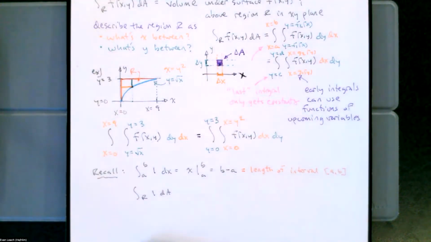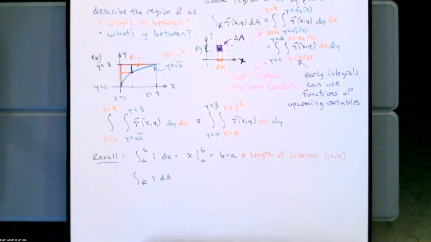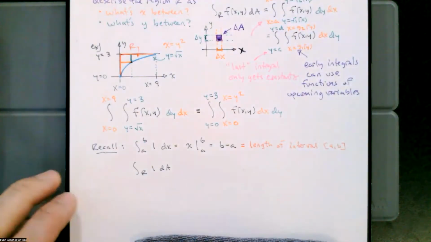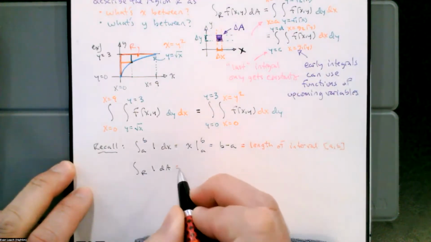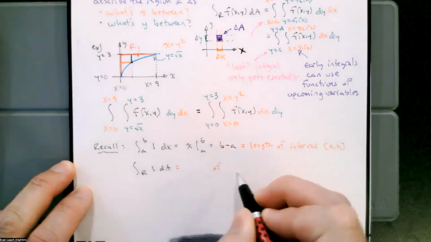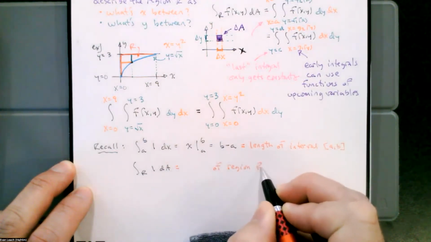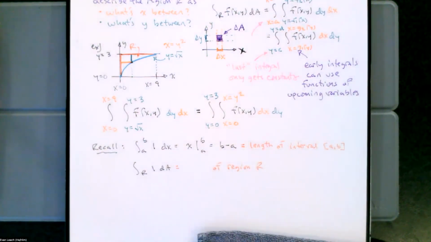So if I upgrade this and take the function f of x, y to be the function just 1, speculate, what should this tell us? Remember, R is a region in the xy plane, and above that floor we're just going to make a height of 1.